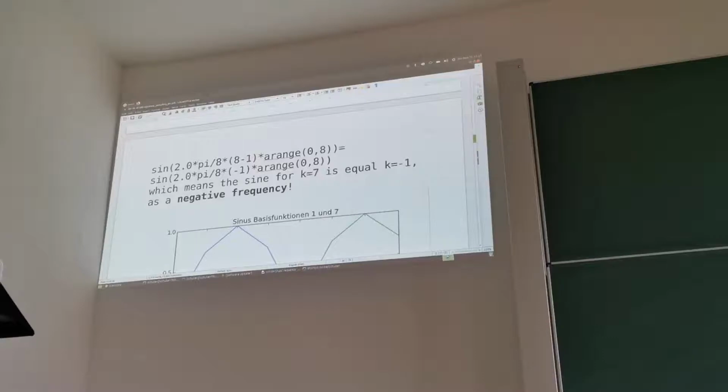So 8 is the same as 0, and that means 8 minus 1 is the same as minus 1 for the frequency index. And minus 1 means minus sine of 2 pi over 8 times n times 1. Right. If you change the sign of the argument of the sine, you change the sign of the function. Sine of x is minus sine of minus x. Makes sense?